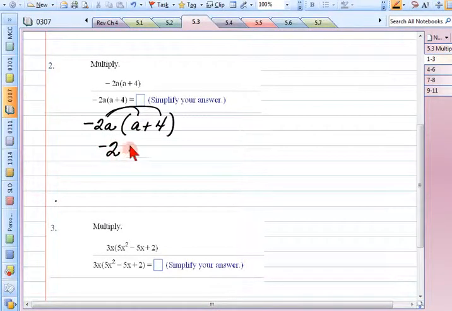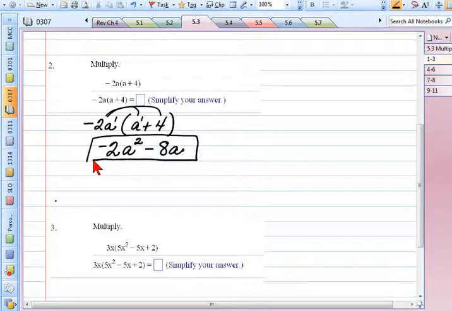Negative 2a to the second power, because this had a 1 and this had a 1, and the product rule said I should add the exponents. What's negative 2a times 4? Negative 8a. And that's my product. I use distributive property and I use the product rule.